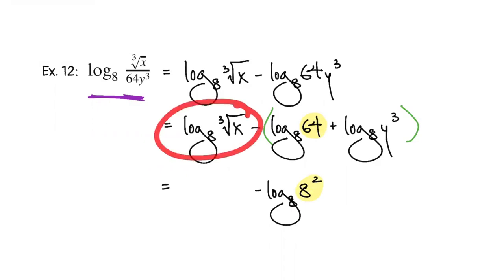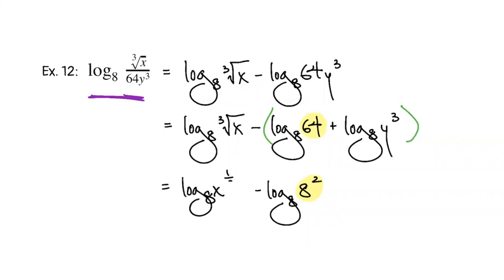What can we do with this first term? You could convert the cube root of x to x to the 1/3. Nice. And then we could use that power property to bring that down, right?